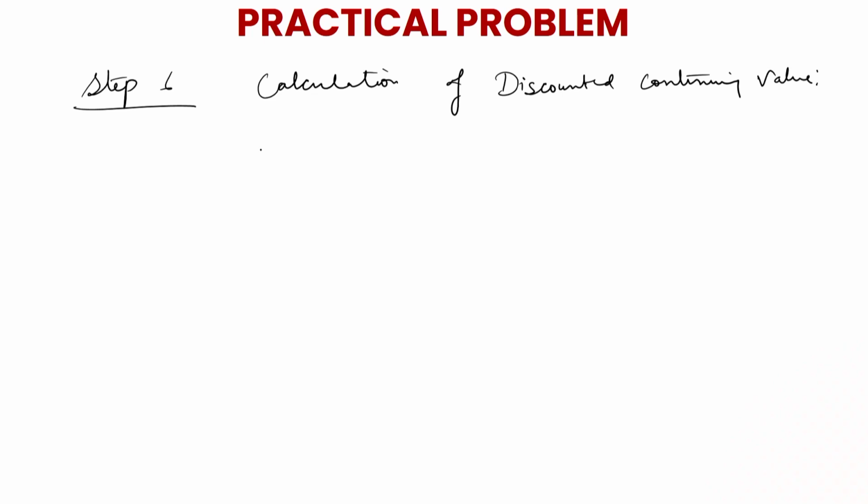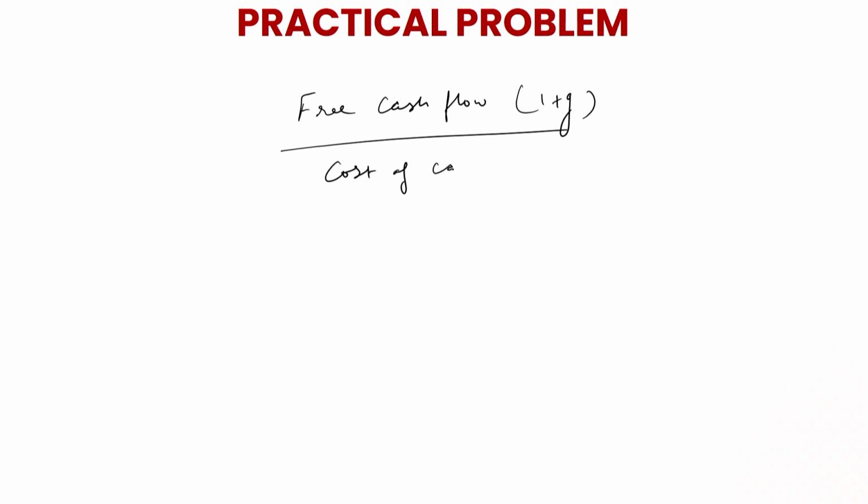For that we have a formula of free cash flow into 1 plus the growth rate, to be divided by cost of capital. This is our step 6.